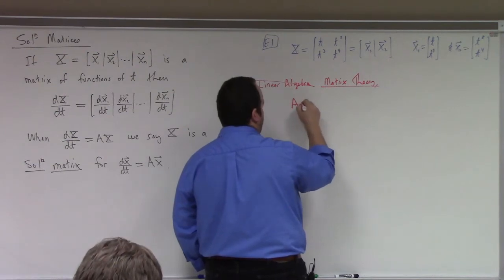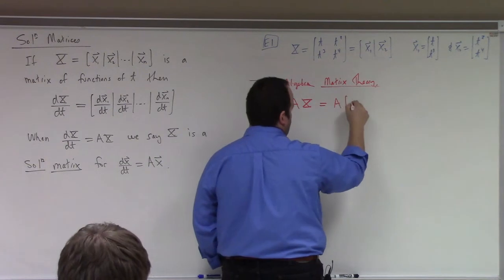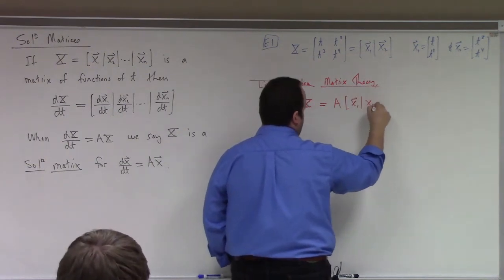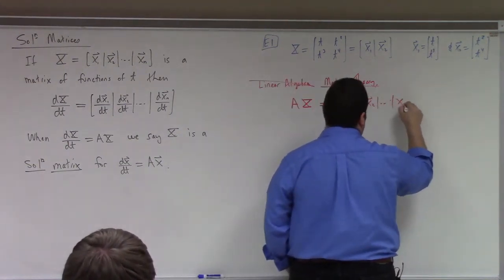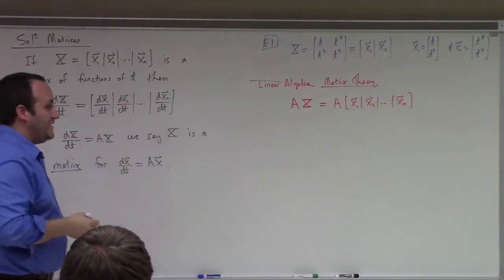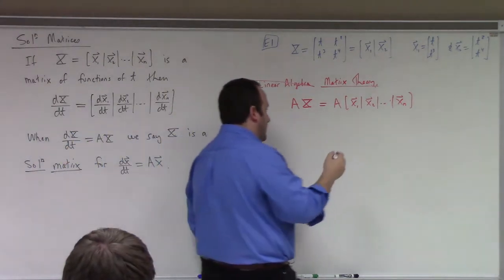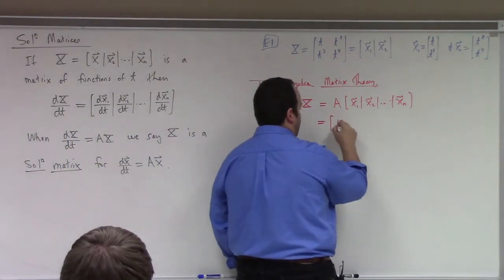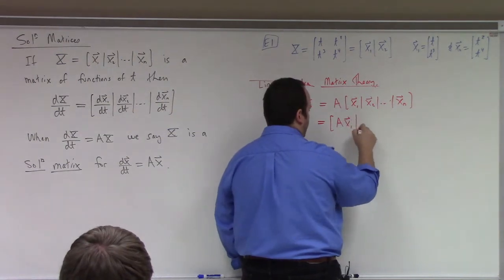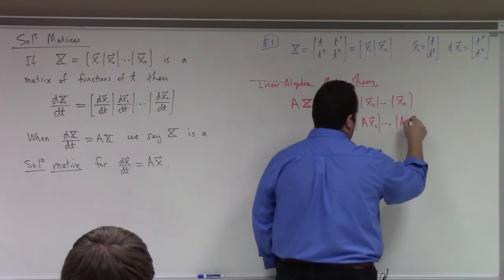If I take A times X, which is A times [x1, x2, ..., xn], it is a fact of matrix multiplication that you can look at that as column by column multiplication by A. This is [Ax1, Ax2, ..., Axn].